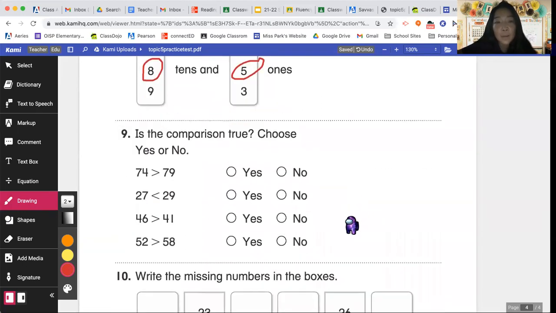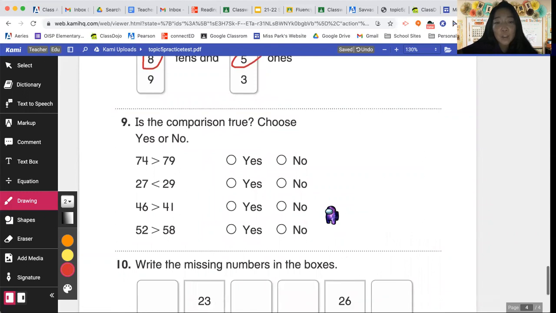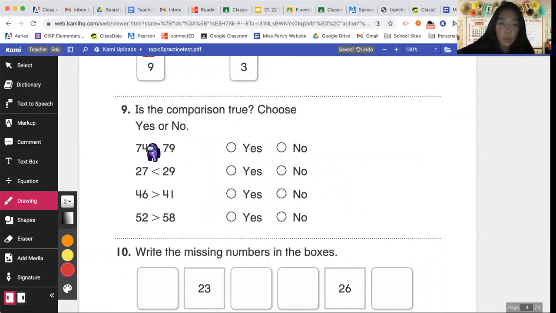All right, number 9, is the comparison true, yes or no? So let's make our little Pac-Mans. Would Pac-Man want to eat 74 or 79? 79. So no, this one is not true. Okay, would Pac-Man want to eat 27 or 29? 29, so this one is true because Pac-Man is eating the right number. 46 is greater than 41.